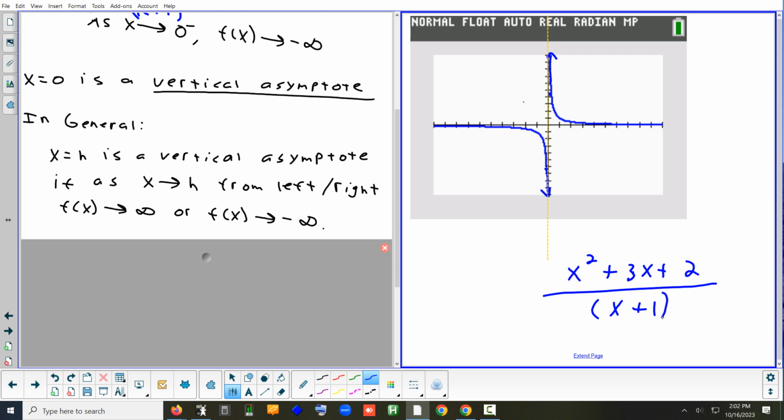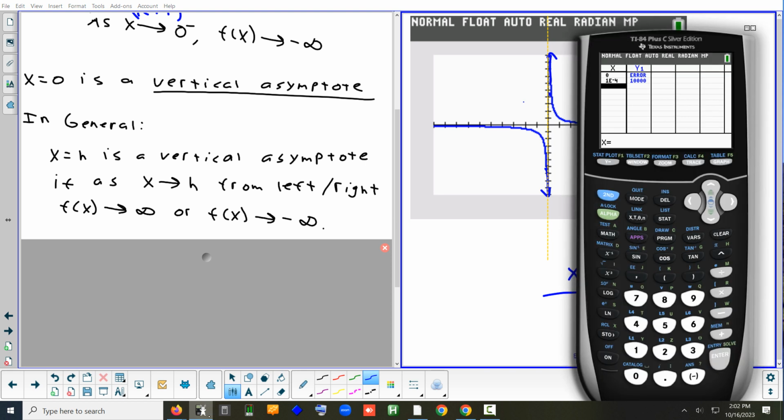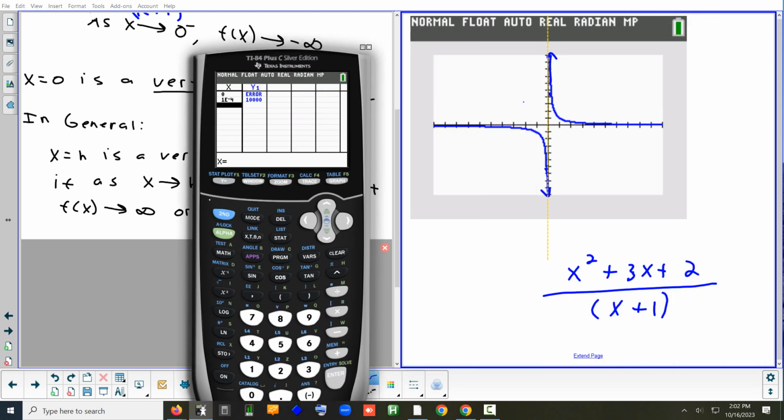Now, there is a number here that you can't use. What is the number you can't use? Negative 1. Just because you can't use the number does not guarantee that it's a vertical asymptote. In the last one it was.